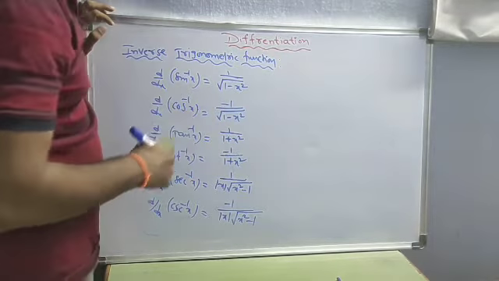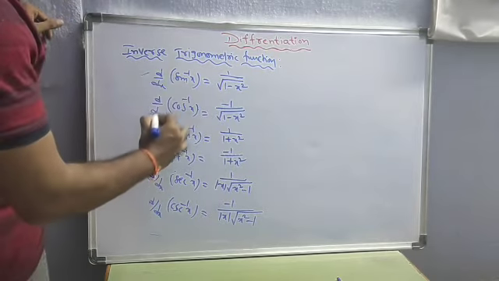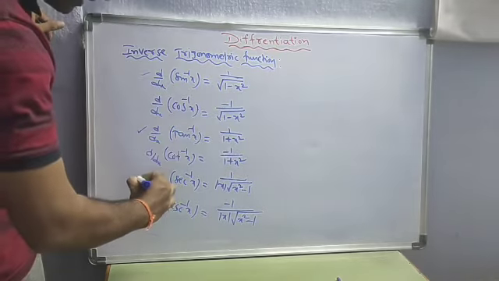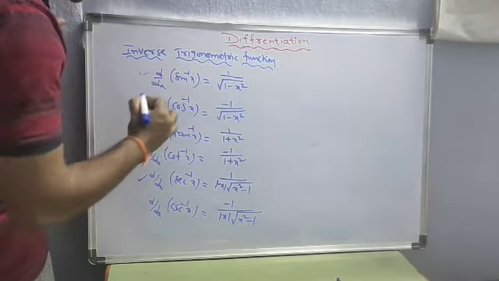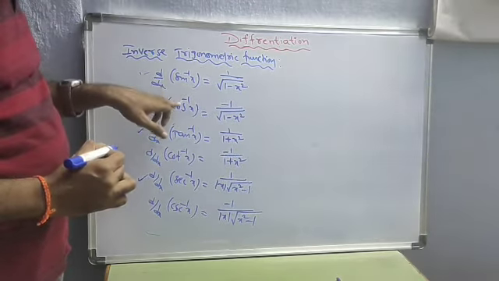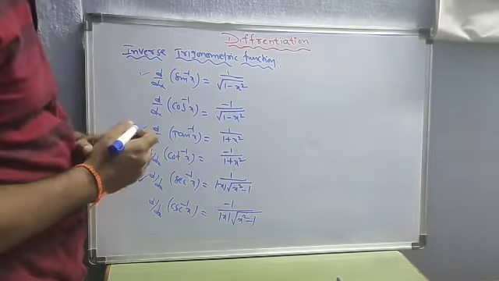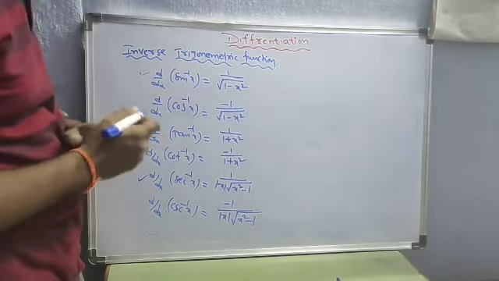And here the logic is, if you know this formula and this one, the remaining ones, sin cos, tan cot, secant cosecant, are complementary ratios.